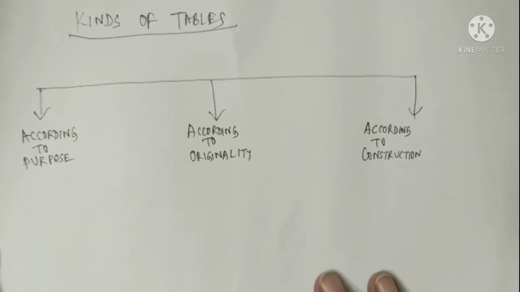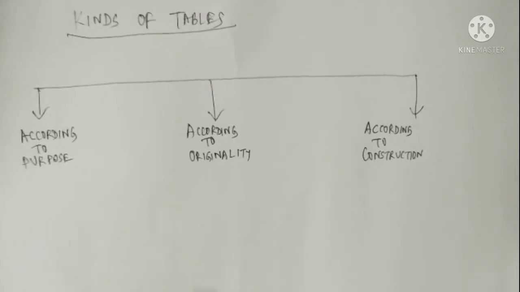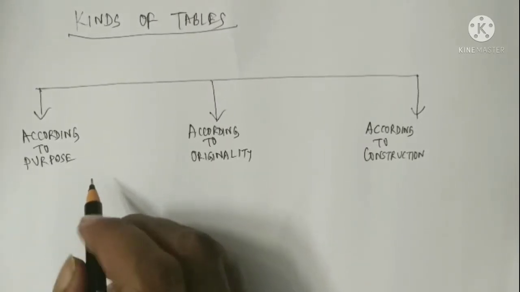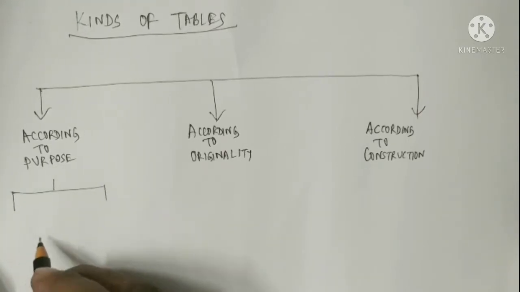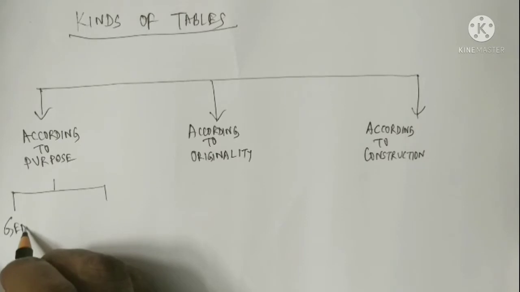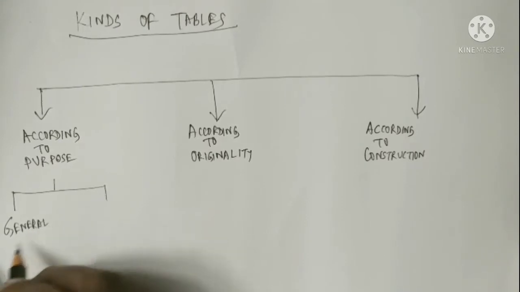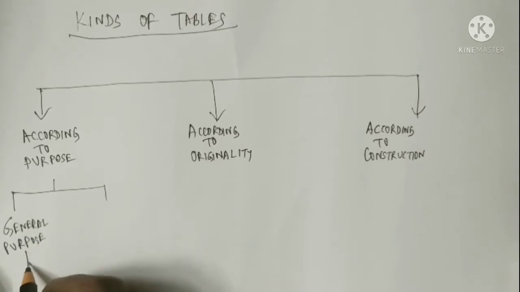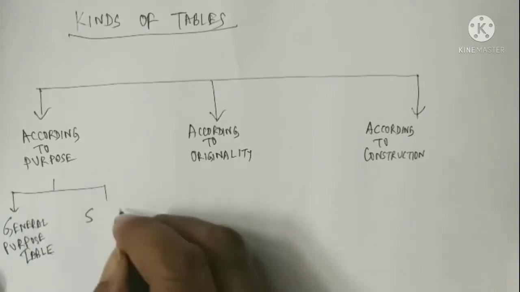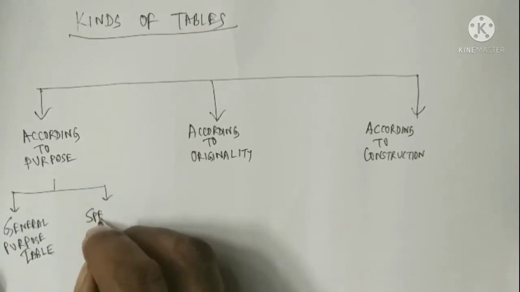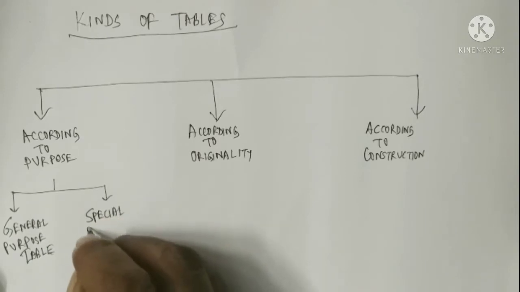Here again these can be classified. According to purpose we get two types. Number one, general purpose table. Number two, special purpose table.